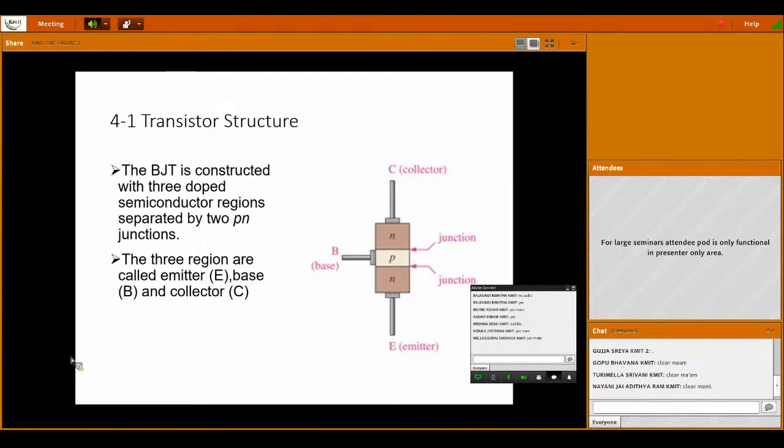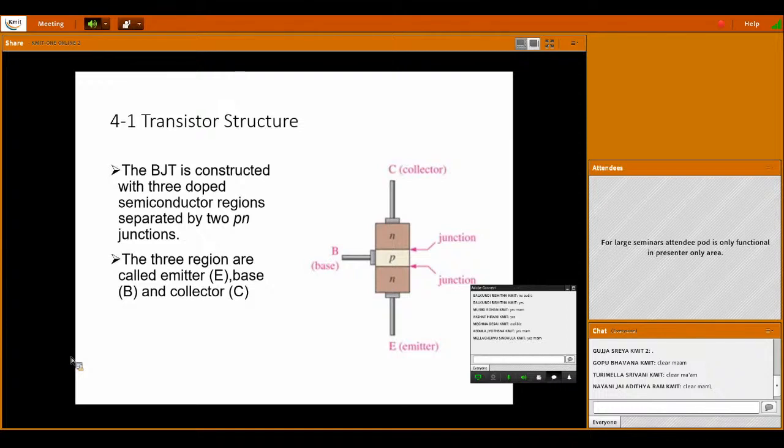Here there is a difference between the doping concentrations. Based on that, we name these as emitter, collector and base. Heavily doped n-type material is the emitter. Lightly doped p-type material is the base.